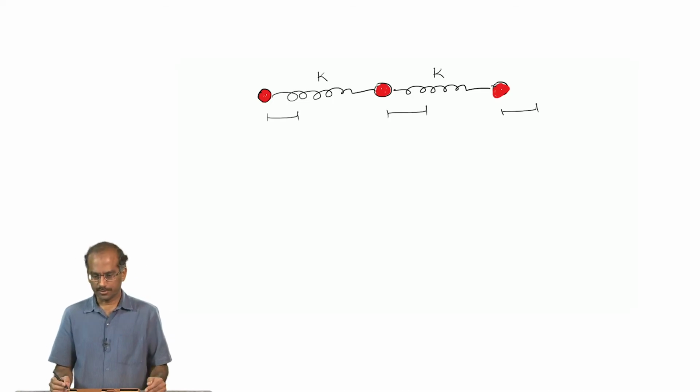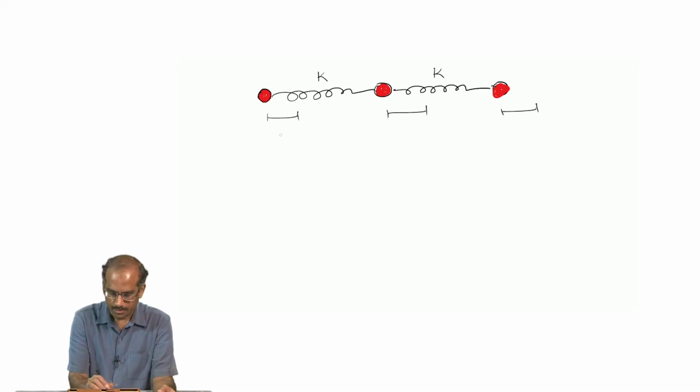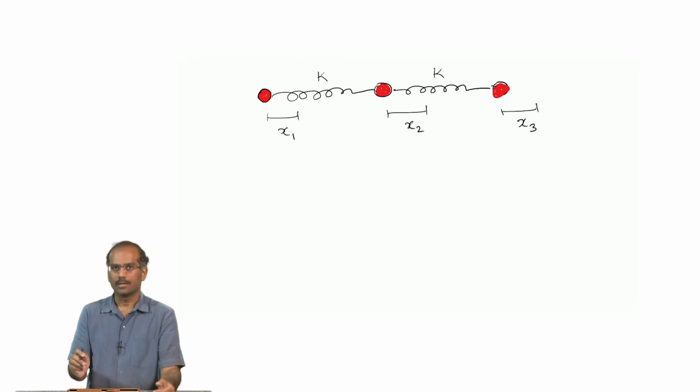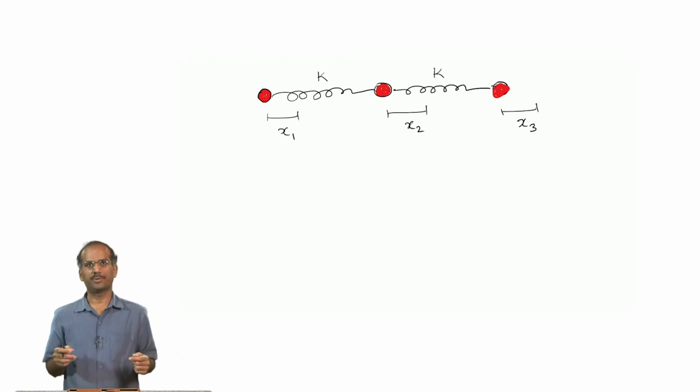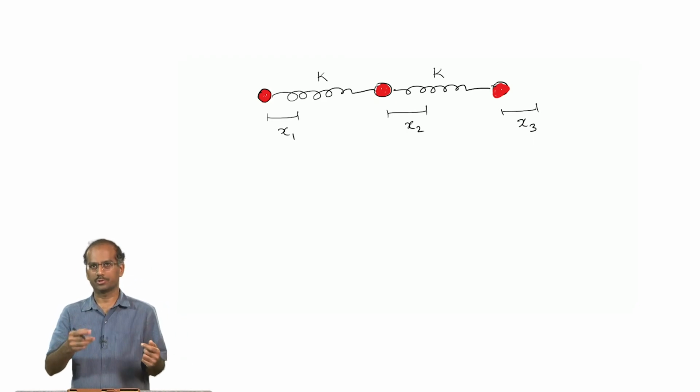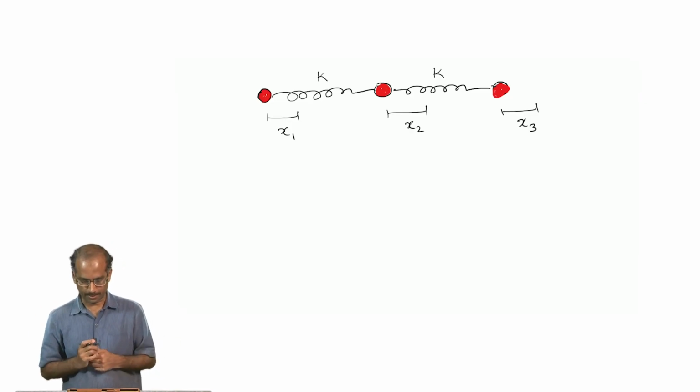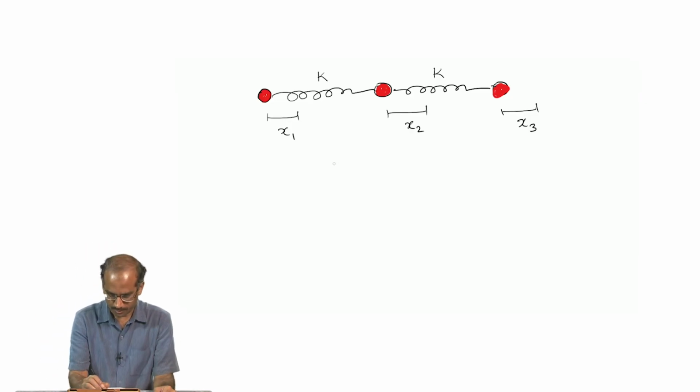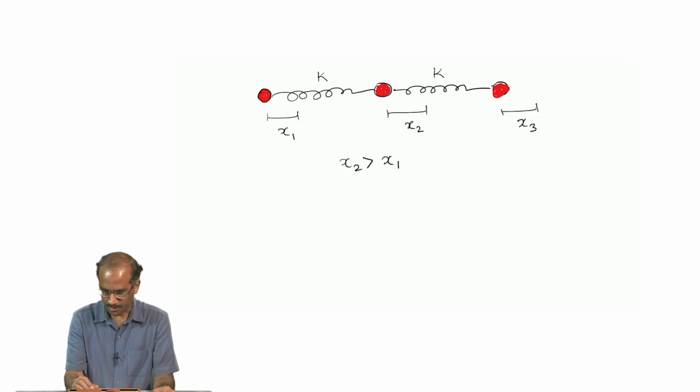To write the equations of motion, I will assume that the displacements are x1, x2 and x3, and I will even call each of these particles the x1 particle, x2 particle and x3 particle. And to write the equations of motion, let me assume that x2 is greater than x1 and x3 is greater than x2.